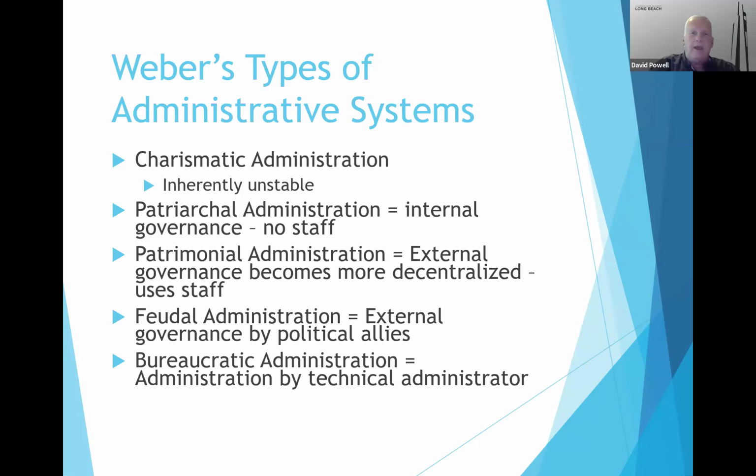So the charismatic and traditional types of authority bases, those were his straw men, so to speak, that he was setting up to knock down so that he could then convince us of the importance of a legal, rational type of approach.